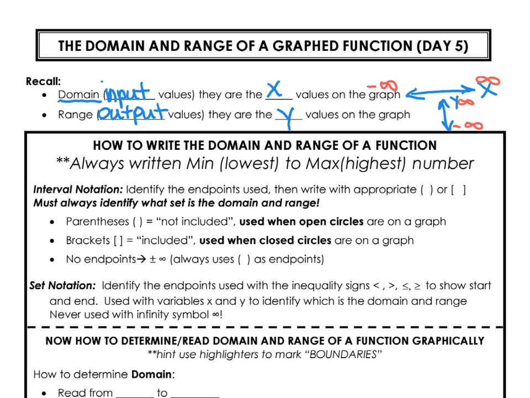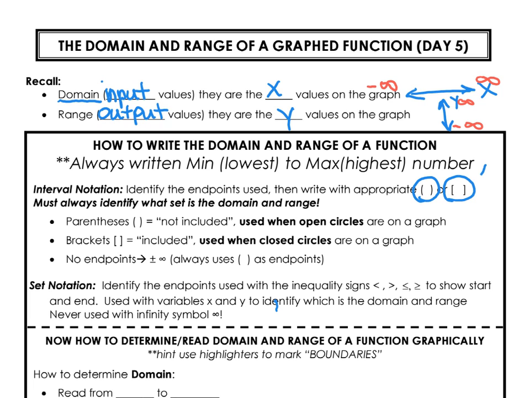Okay, so we're going to talk about how to write domain and range of a function. Always write the minimum or the lowest number to the maximum or the highest number when you're doing domain and range. Okay, we're going to talk about interval notation. It says to identify the endpoints used and then write with appropriate either parentheses or brackets.